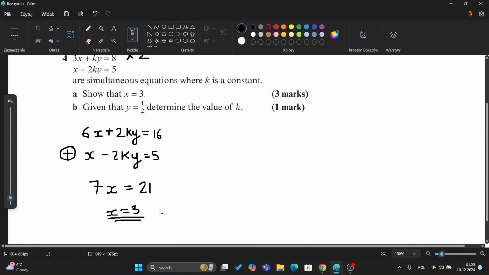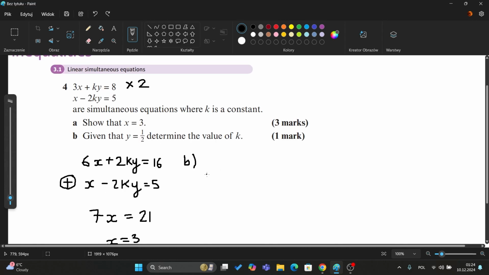So we have shown that x is equal to 3, which means that now we can substitute the value of x into our simultaneous equations, and we can find other values like k that we have to find in question b. Here we have been given that y is equal to a half, and we have to determine the value of k.